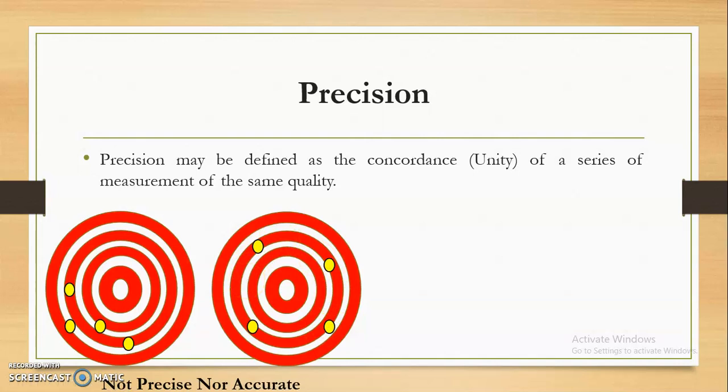If we compare the precision between these two diagrams, these results are precise, meaning the four results are closer towards each other. But here they are very far apart. So both results are not accurate, and in that sense not precise here. We will say the results obtained are accurate when we achieve our target.